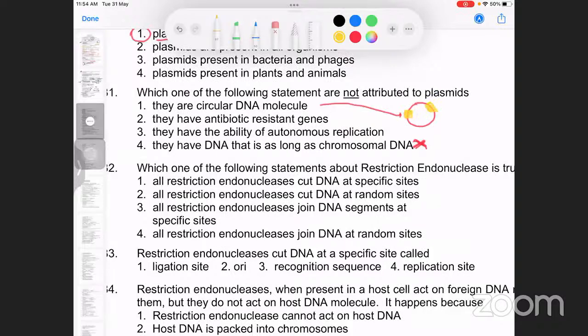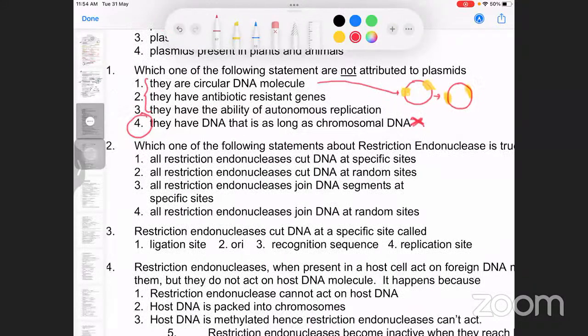They are antibiotic resistant, and it can divide or replicate on its own. So that is how we can say that plasmid is self-replicative. All these statements are true, but this one will be false.